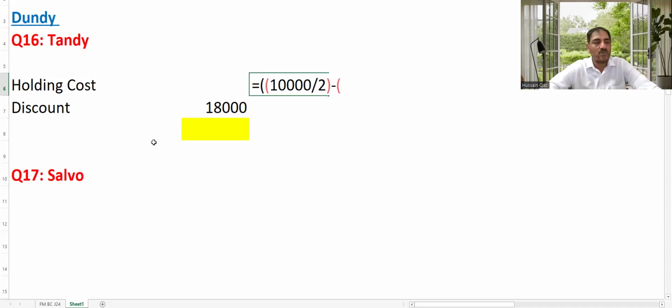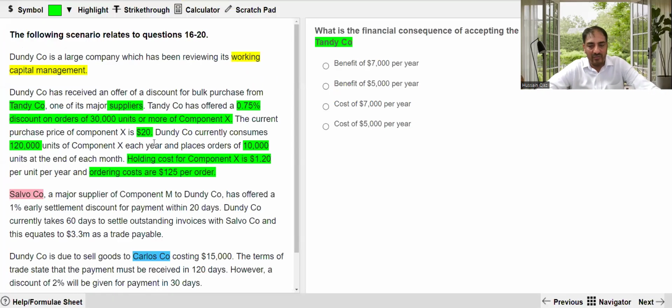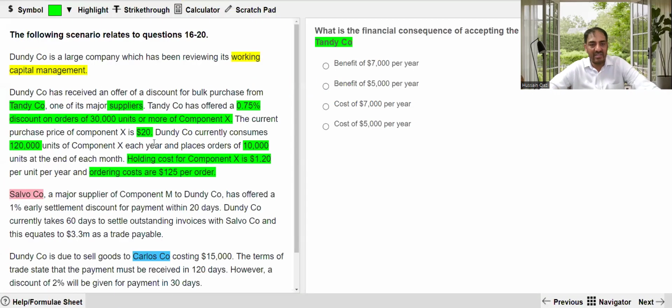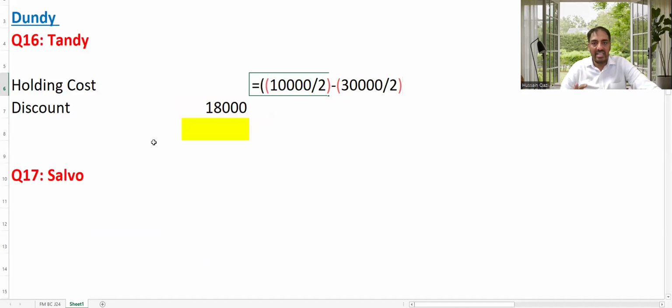But now we are working with 30,000 divided by 2. The examiner did not mention any change in holding cost per unit, so we consider the same holding cost of 1.2.